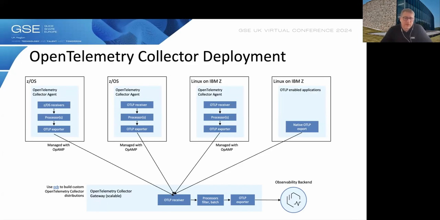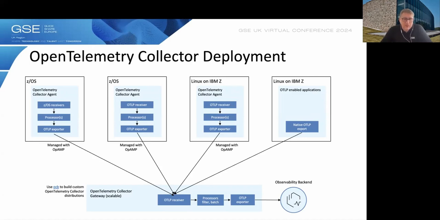The agent is intended to be deployed locally to the source of your telemetry data. For instance, if you would be deploying the host metric receiver of the collector, then this specific receiver would gather all metrics of the operating system, on Linux on IBM Z for instance.